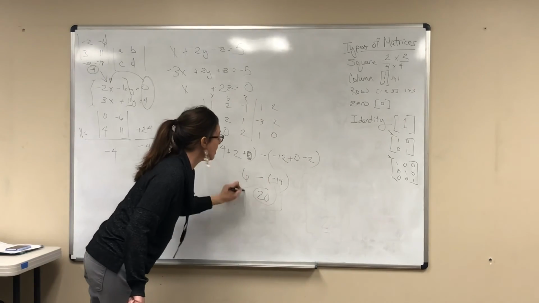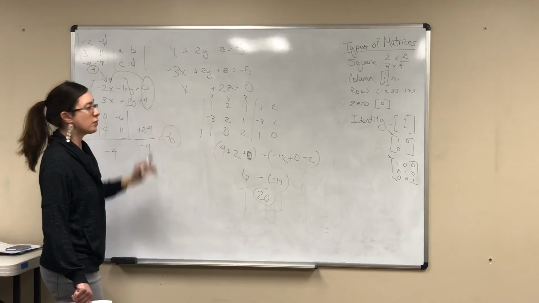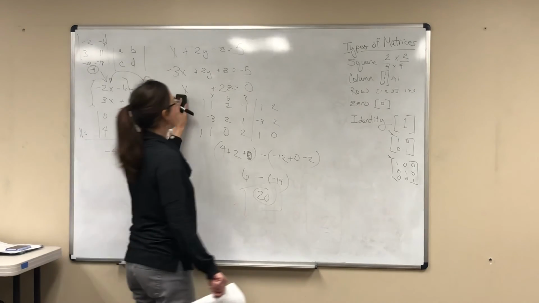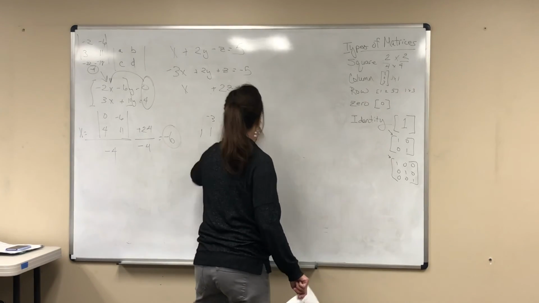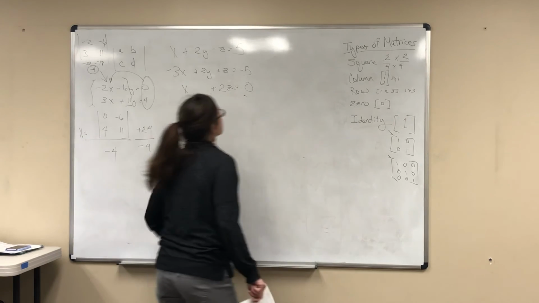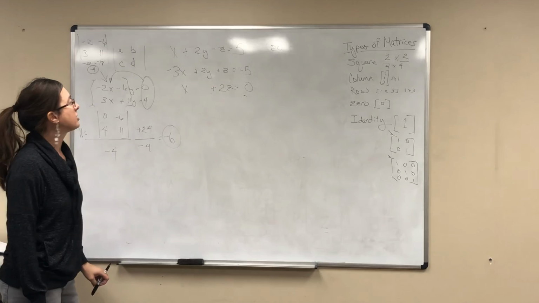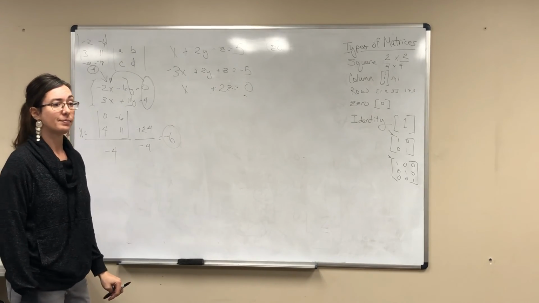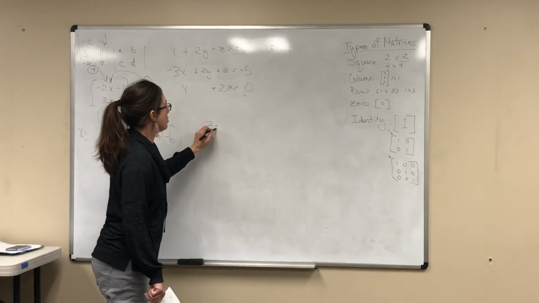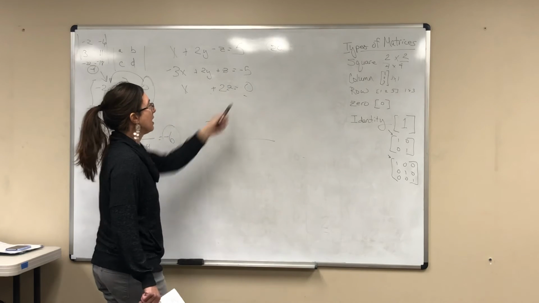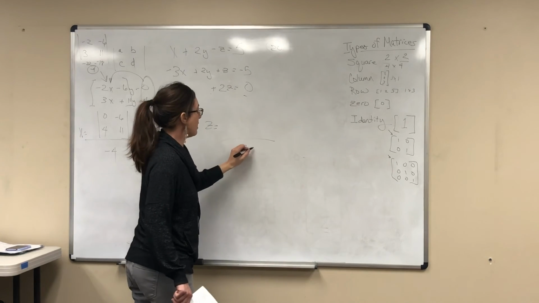This will be the same no matter which variable we're solving for. So we know right away, my determinant's 20. So I'm going to make a note up here. Now, I would like to solve for z. Z equals what? My determinant is 20, so I write it on the bottom.